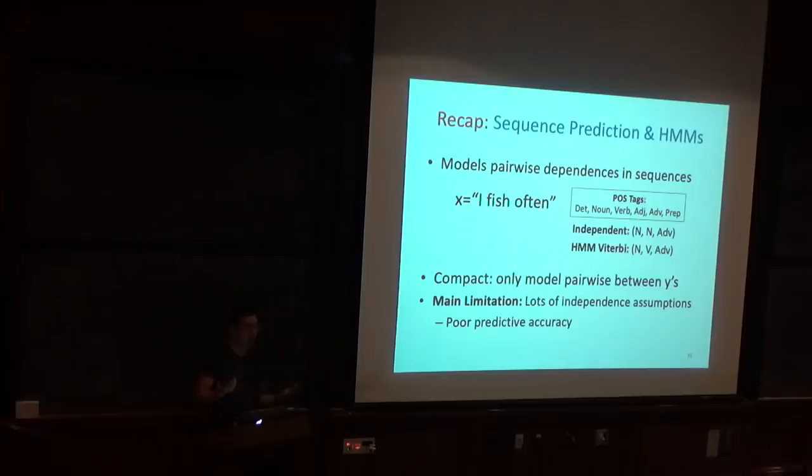Of course, this approach has many limitations. The main one is that it makes so many independence assumptions that it may lead to poor predictive accuracy. So if your goal is to predict the sequence of Ys as accurately as possible, given a sequence of X, you may not want to use a hidden Markov model.